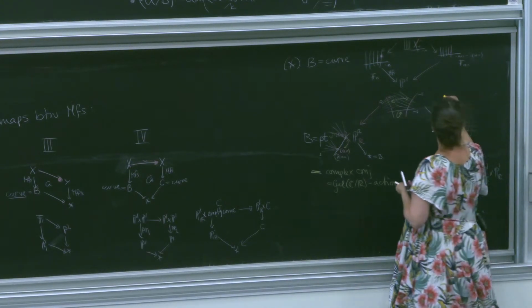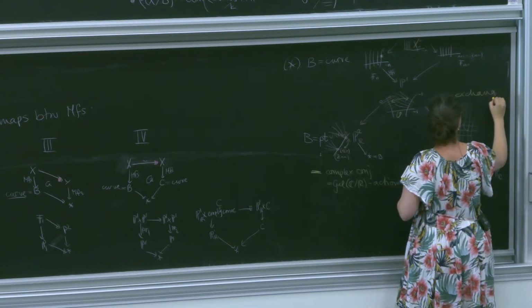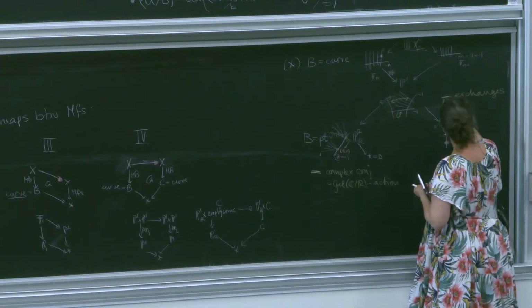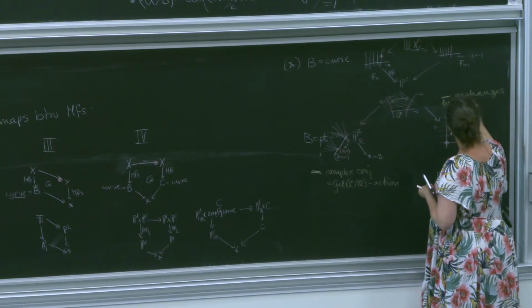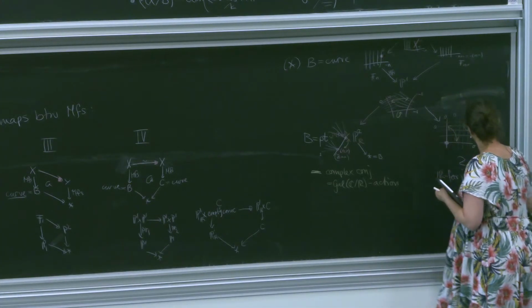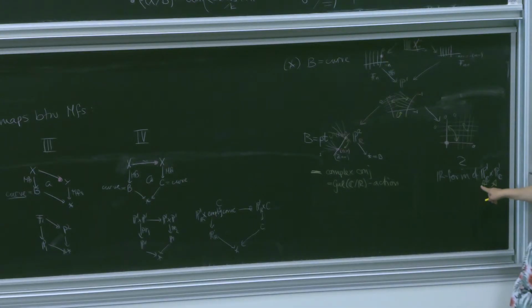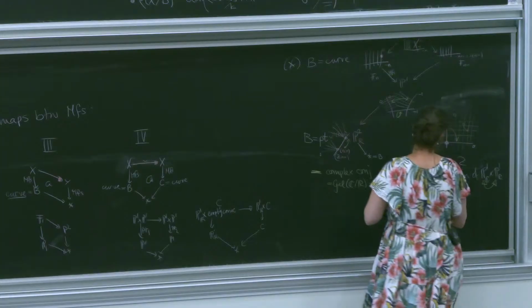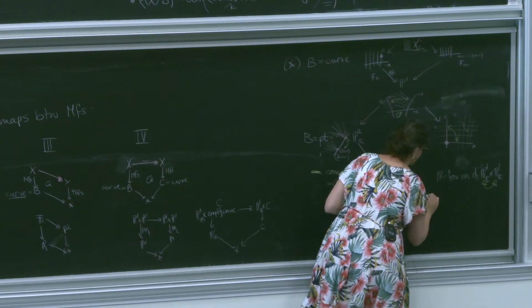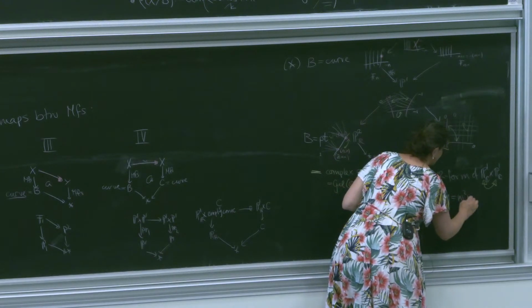So here, our Galois group, complex conjugation, exchanges these. So what we have is that this is y equal to w squared.